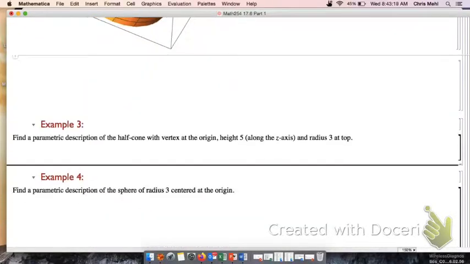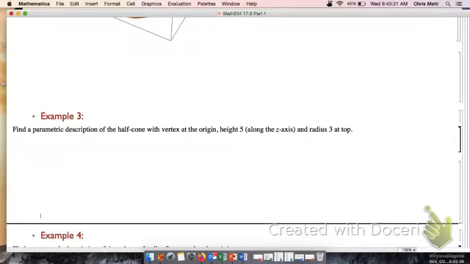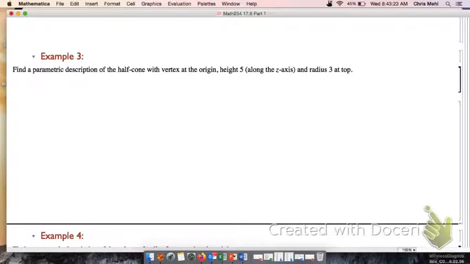Okay. Now the next thing I'm going to do is a half cone. Now generally planes are pretty easy. Notice that for the cylinder, I essentially just used polar coordinates for the most part. And the same would be true for a sphere.